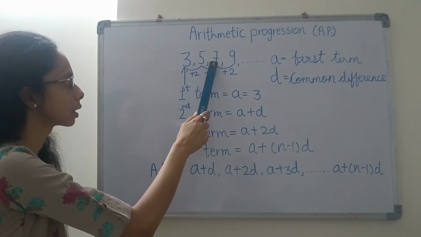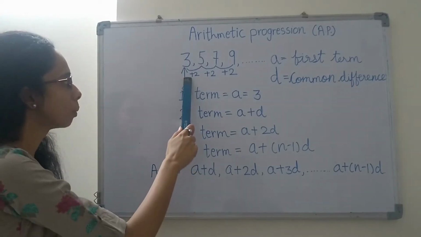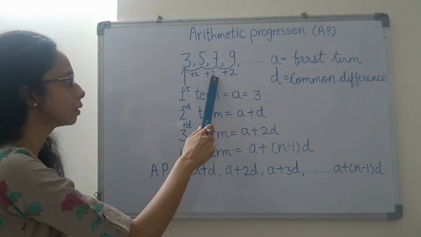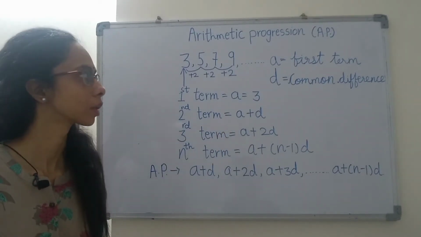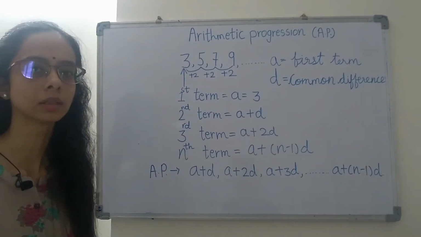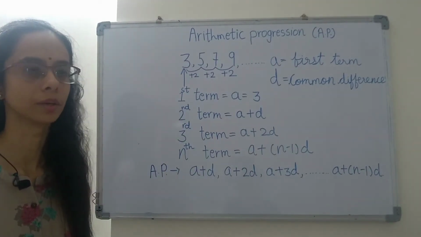Similarly, 5 and 7 are consecutive terms. So the common difference between the consecutive terms remains equal, or we can say constant. So this kind of series is known as arithmetic progression.